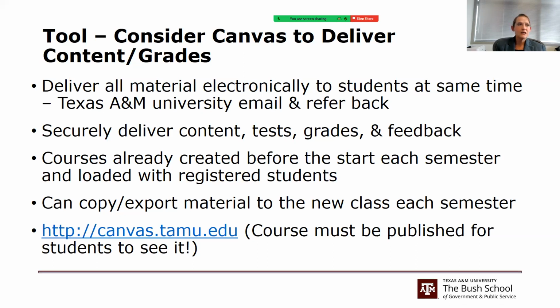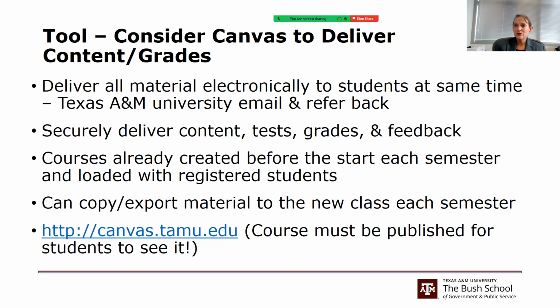And automatically, a few weeks before the semester begins, the Office of Academic Innovation at Texas A&M University creates every course at A&M with what's called a Canvas shell, which is basically a Canvas course, and they load all the students in there.